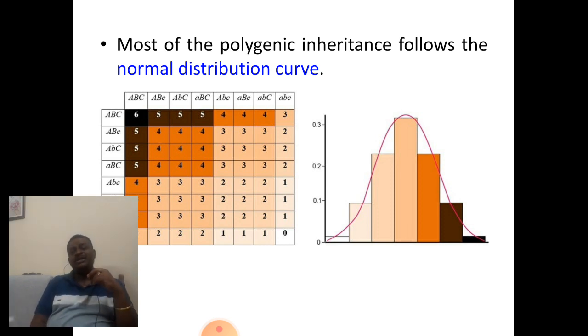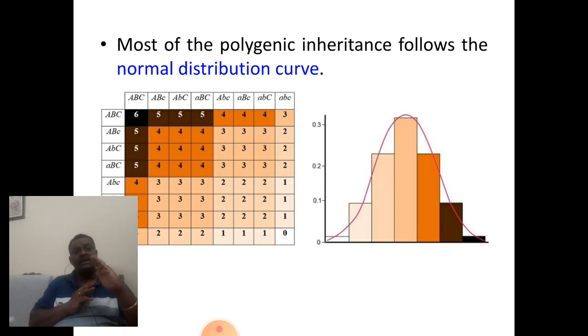The next important feature is that polygenic inheritance, when drawn on a normal distribution, the curve appears to be a parabolic curve, where the intermediate will occupy the maximum. That is, number 3 individuals are maximum.